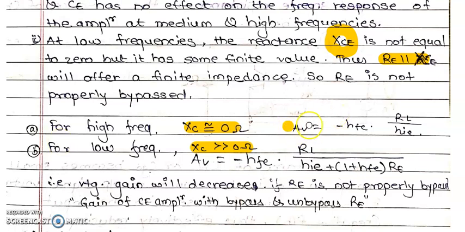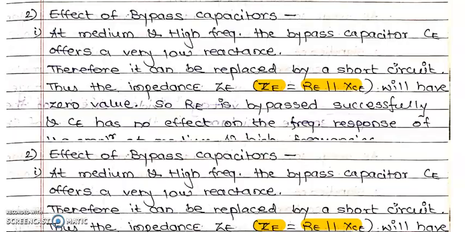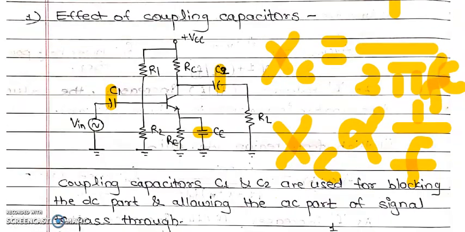This is the gain for low frequency, and this one is the gain for high frequency. In this way, the bypass capacitor present at the emitter terminal of the common emitter amplifier will affect the gain at lower frequencies only, and for high frequencies it will not affect the gain.